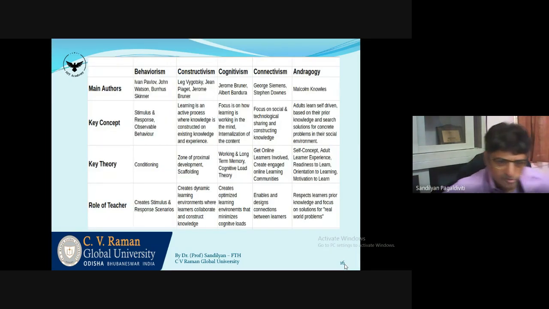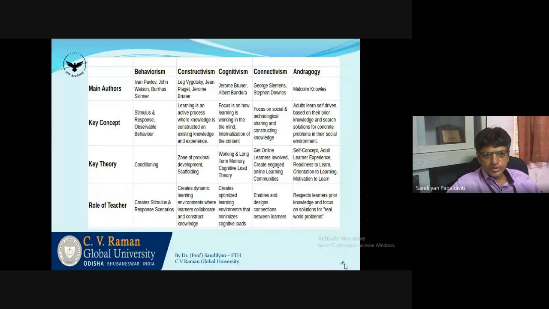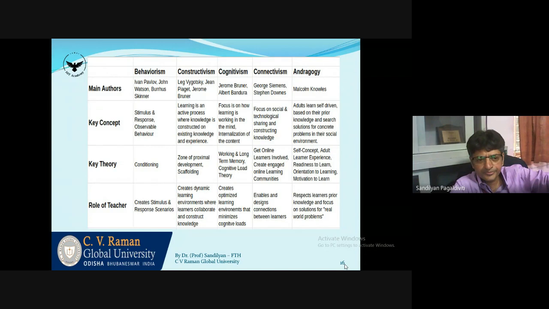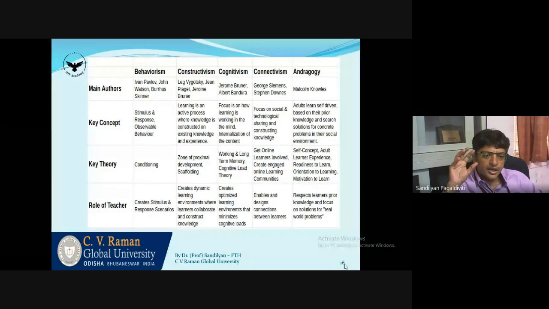Here again, I have listed out the different kinds of theories, and who are the major authors who have advocated these theories. What is the key concept of this particular theory, and what would be the role of the teacher in delivering a session using any of these theories.